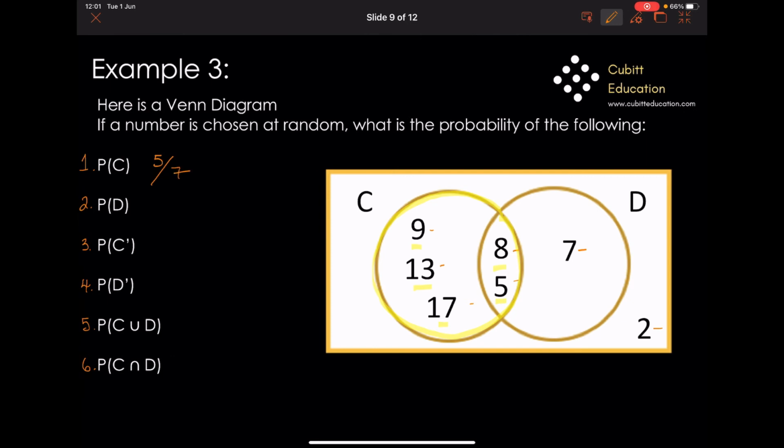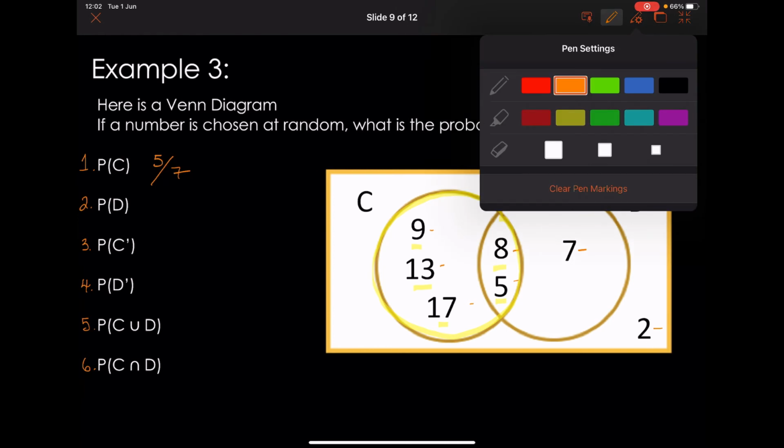So it'd be 5 out of 7. If you wanted to write that as a probability, you could do 5 divided by 7 to give you the decimal, and then times it by 100 to give you the percentage. But you can leave it as a fraction, that's absolutely fine, and that's what we're going to do today.